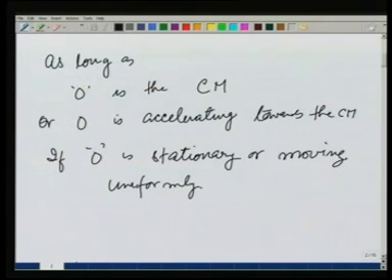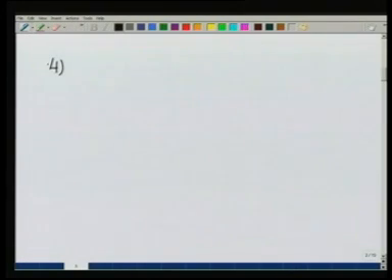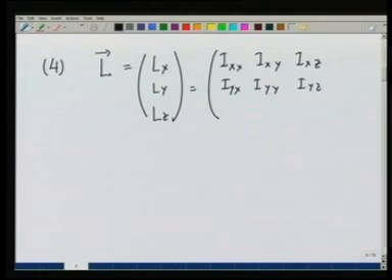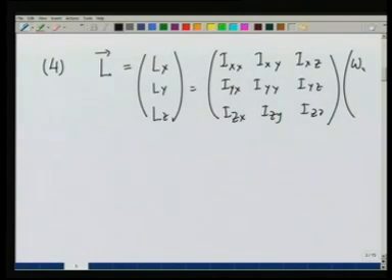Then what we learned is that the angular momentum in general, if I write its three components as Lx, Ly and Lz, is really a product of the moment of inertia tensor and the angular velocity.